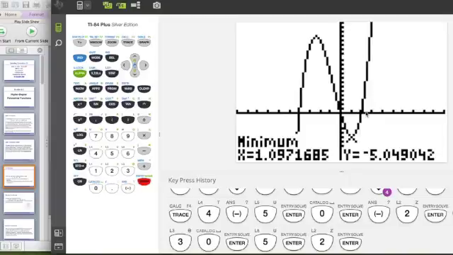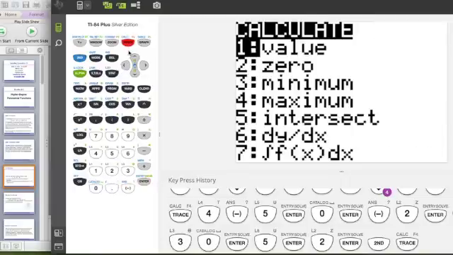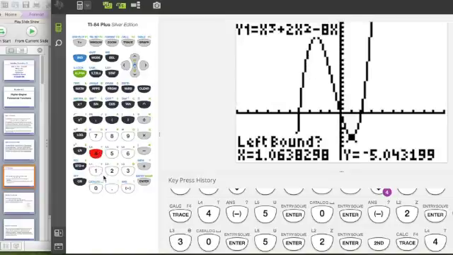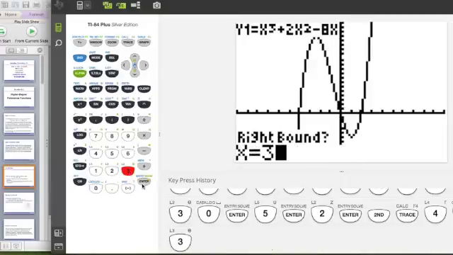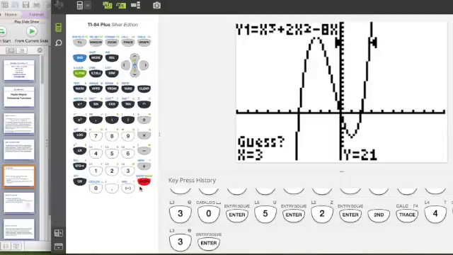Somewhere from 0 to 3, we want to find the maximum value. So it's continuing to go up. So we're going to do second CALC. We are looking for a maximum, and we're looking for that maximum between 0 for the left bound and 3 for the right bound. Here it is.